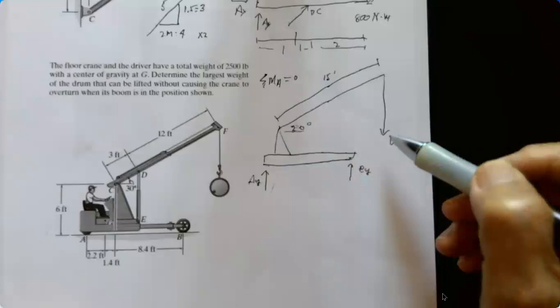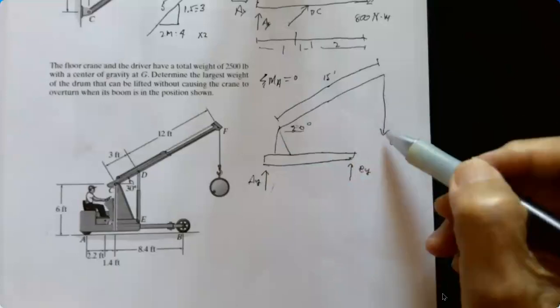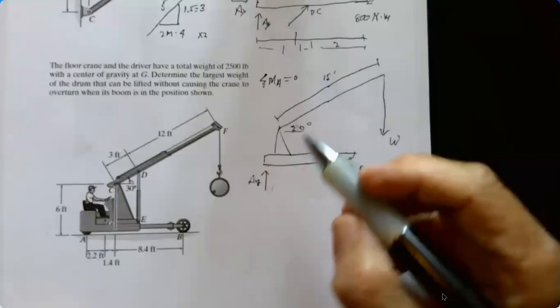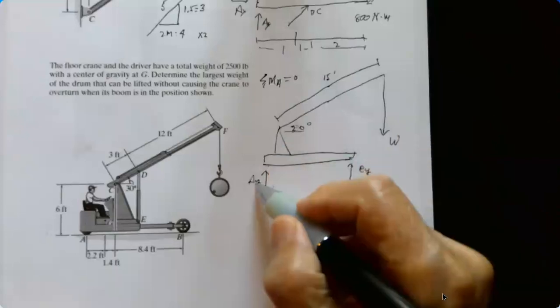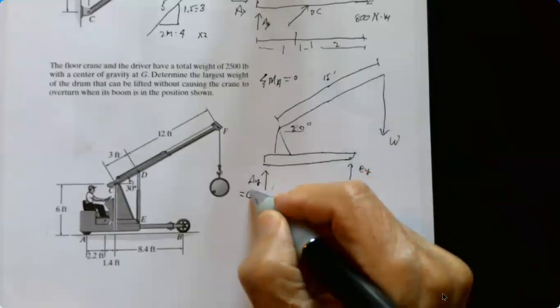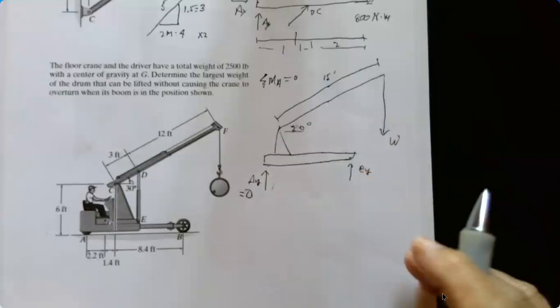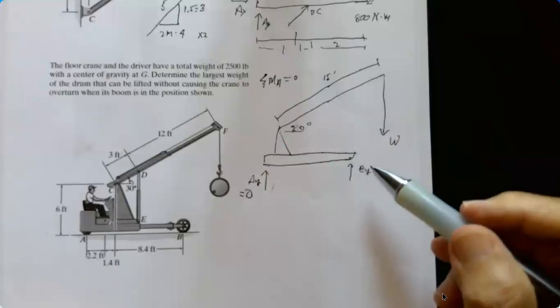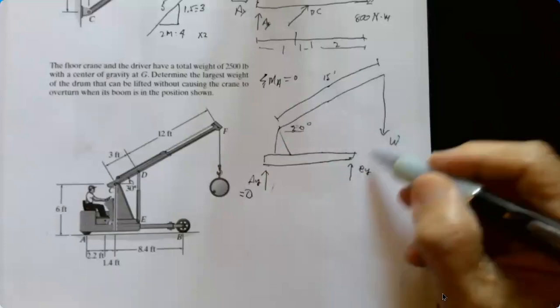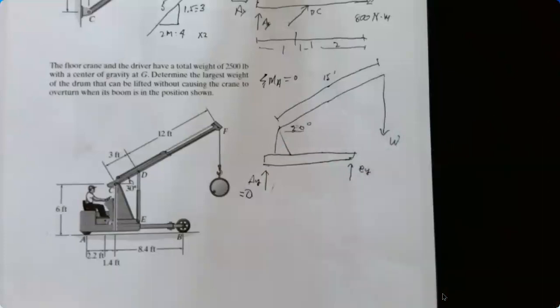And so at that instance where it's at the verge of tipping, this reaction is equal to 0. There is no load just as this thing starts to tip. Okay, so actually we only have two unknowns, B sub Y and the weight.